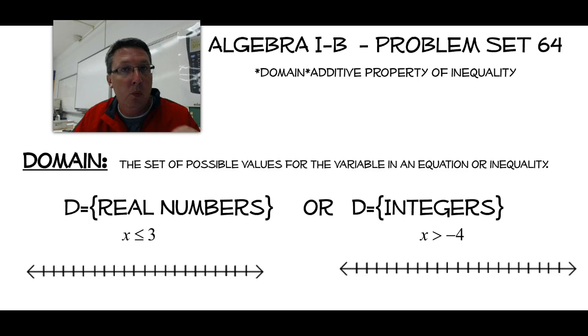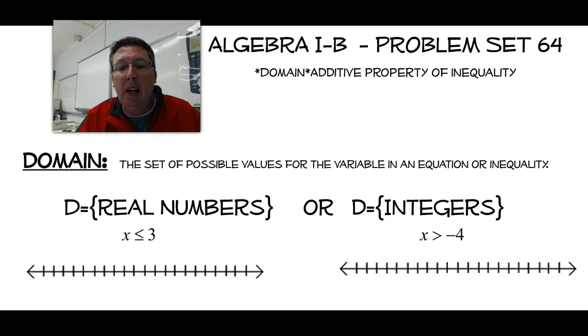Okay? So real numbers, we're going to shade the number line. Integers, or maybe positive integers or negative integers, we're going to put dots. So the way I remember this is integers starts with the letter I. There is a phrase, remember to dot your I's. So the integers, you're going to have dots on the number line. Dot your I's.